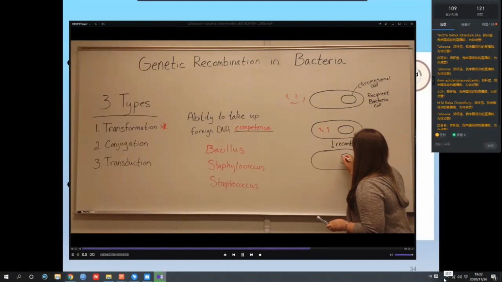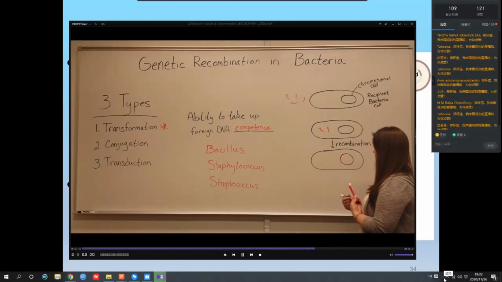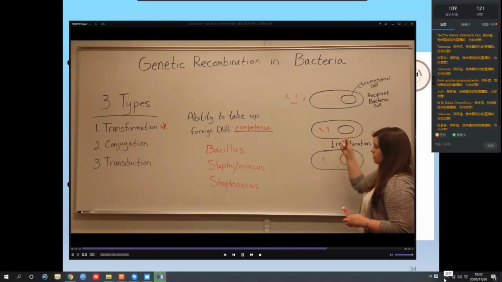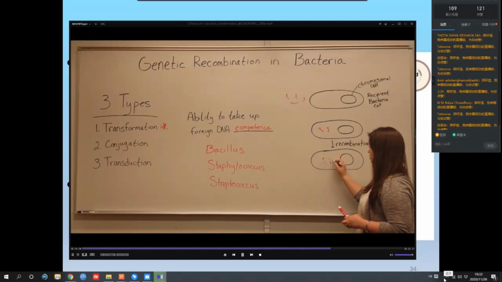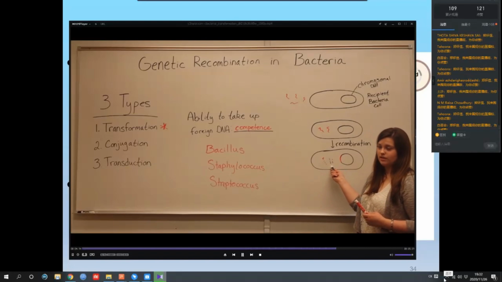So the foreign DNA has now been integrated into the chromosome. There might be some additional foreign DNA that was not integrated, and it's just going to be broken down. Also, the bacterial DNA that was replaced by this foreign DNA is also going to be broken down. And now we have this genetically transformed bacteria cell.